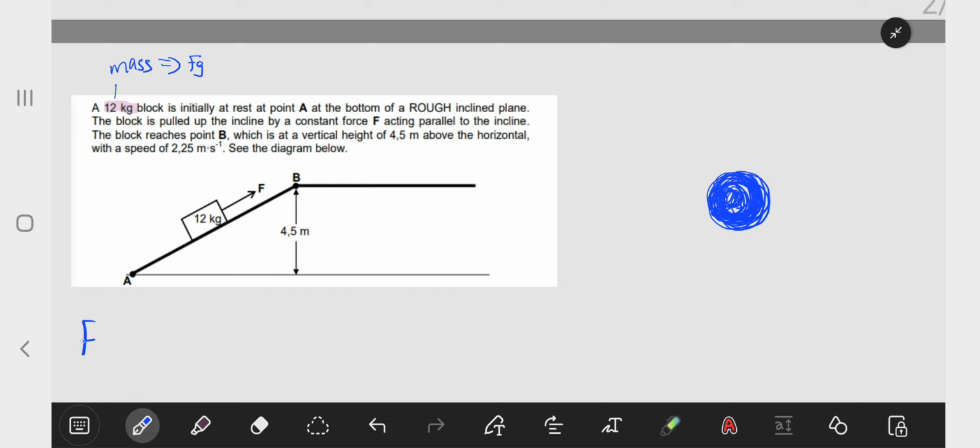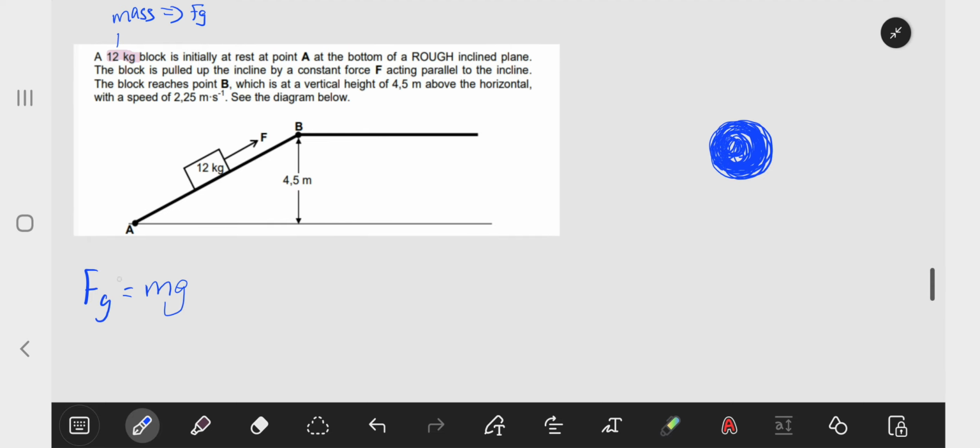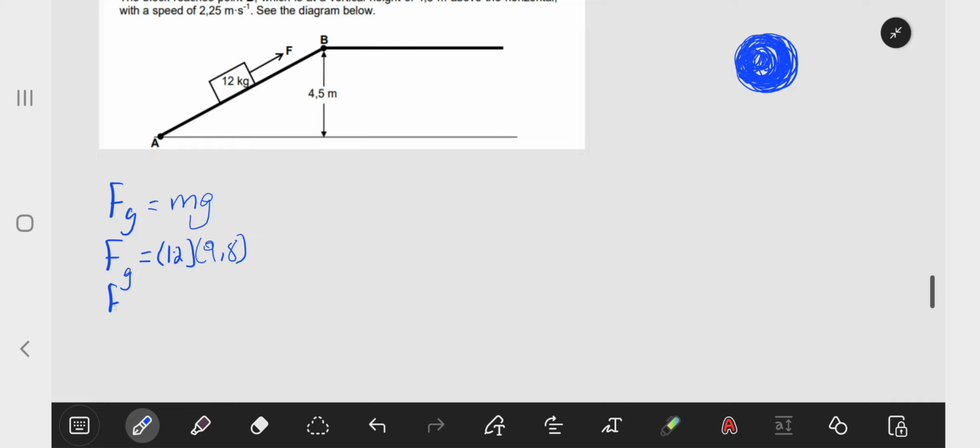Your gravitational force is Fg equals mg in terms of calculation. That is your formula. Fg equals your 12 kg multiplied by 9.8, and that would give you 117.6 newtons, and the direction is always downwards.